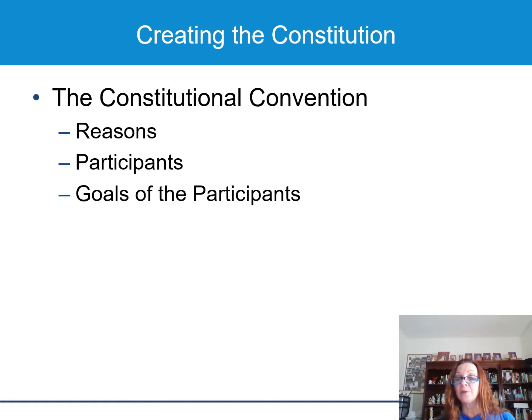They wrote it so that it could be interpreted to meet the needs of the time. And that shows a level of intelligence on their part. They knew that they couldn't answer every question that would ever come to this government through all time. So they wrote the document, which is actually a very short document, so that it could be interpreted over time.